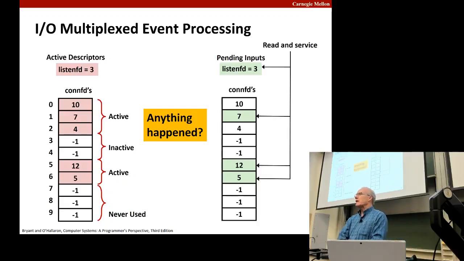function called select. If there's no incoming input on any of these file descriptors, it will hang. But if there's one or more, it will give back a mask saying which file descriptors have data that you can read.